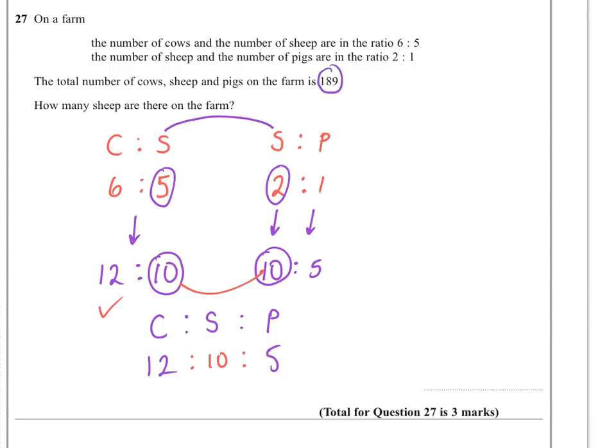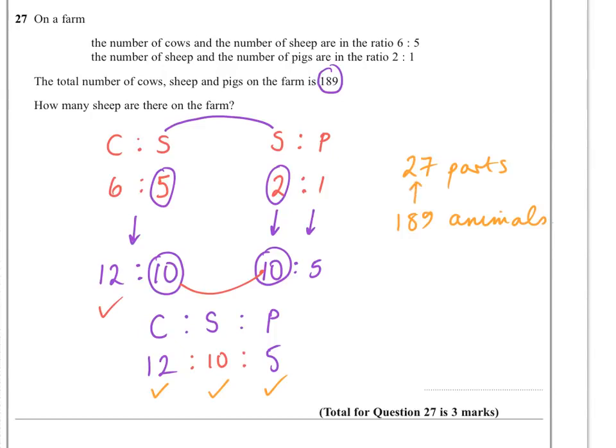The total number of cows, sheep and pigs on the farm is 189, and then I treat this like a normal ratio problem. I see how many parts it's split up into, so 12 and 10 and 5. Well, that's 27 parts. I have 189 animals altogether. So we can see how many it is per part.